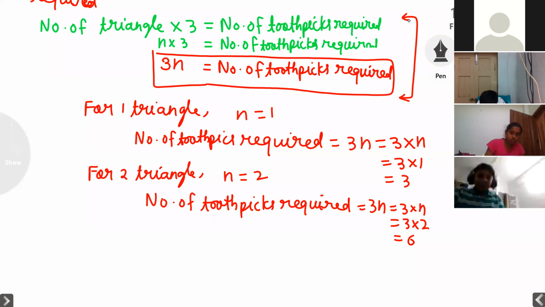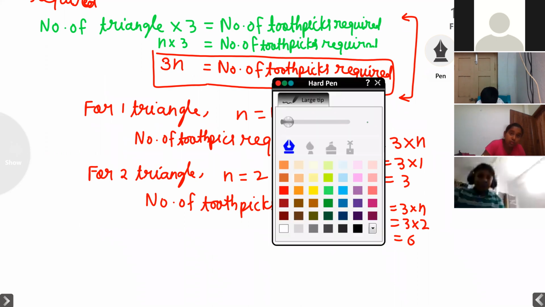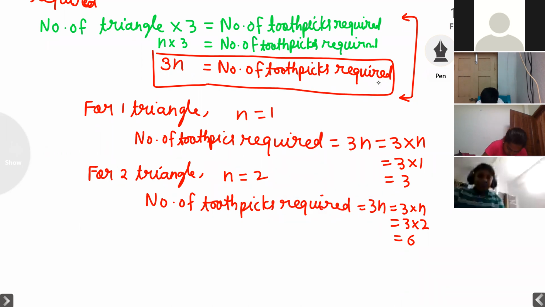Number of triangles into 3 equals number of toothpicks required. N is what we have assumed for the number of triangles. Number of triangles, n, into 3 equals number of toothpicks required.